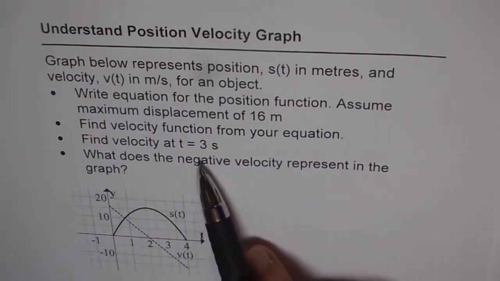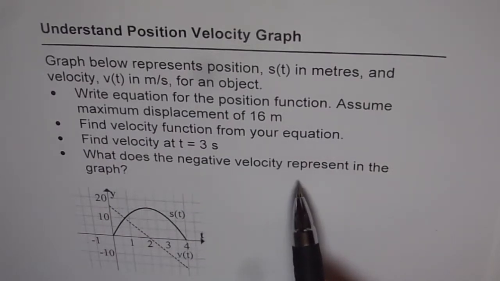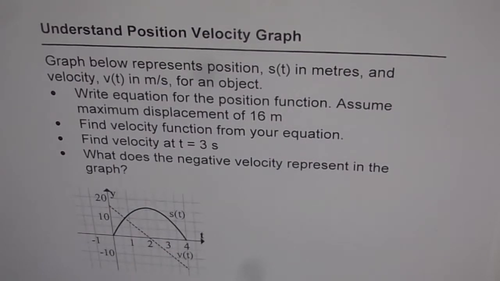Find velocity at t equals to 3 seconds. What does the negative velocity represent in the graph, right? So these are simple questions which we'll try to understand with the help of this figure. And I hope it gives you more or less the concept of the relation between position, velocity and acceleration.